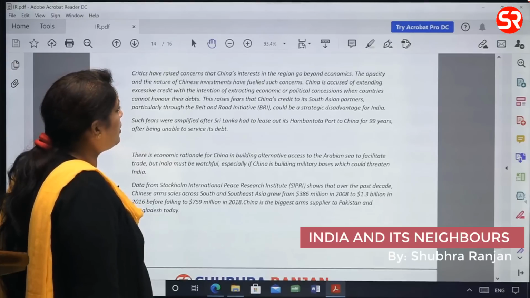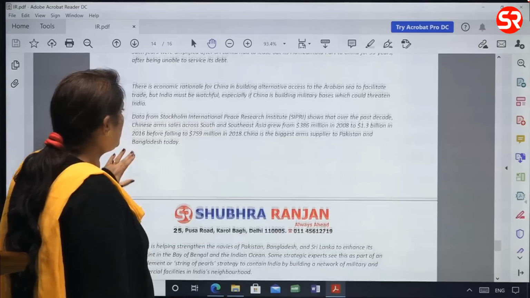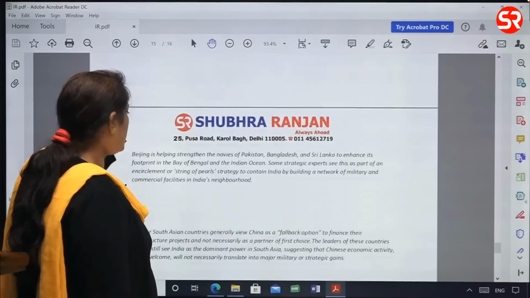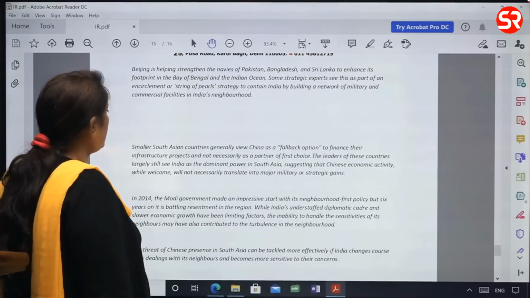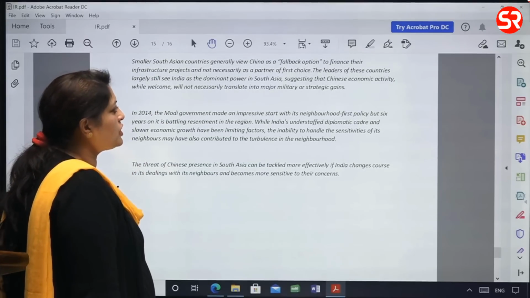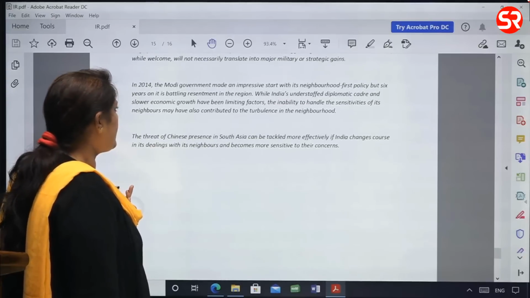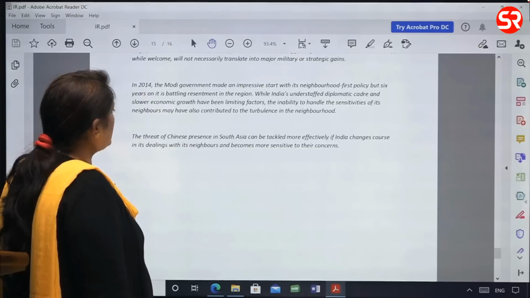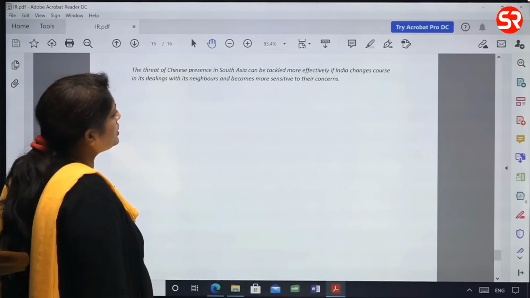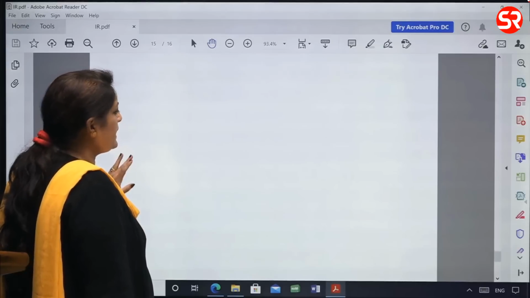China also has a military partnership with these countries. Beijing is helping strengthen the Navy of Pakistan. South Asian countries view China as a fallback option. The threat of Chinese presence in South Asia can be tackled more effectively if India changes course in its dealings.